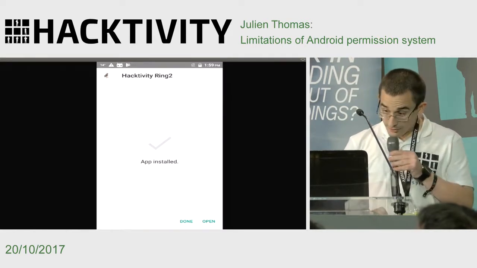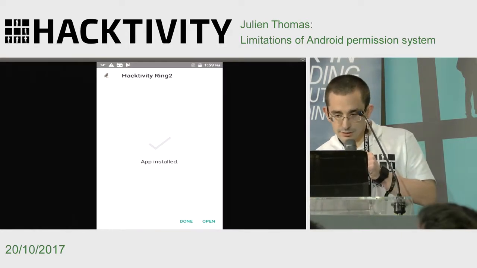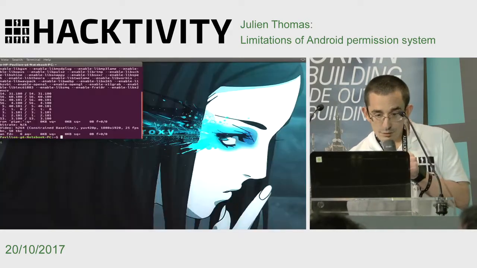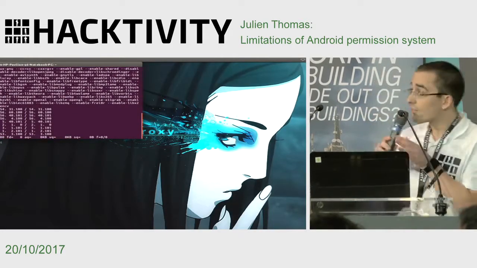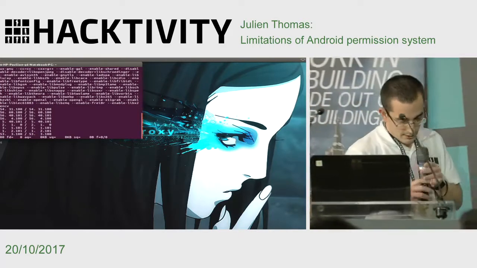Basically it does the same thing, but I don't know why the screen is locked. So I will restart the screen. So basically this app does the same thing, just defines its own permission called deadly activity 2.